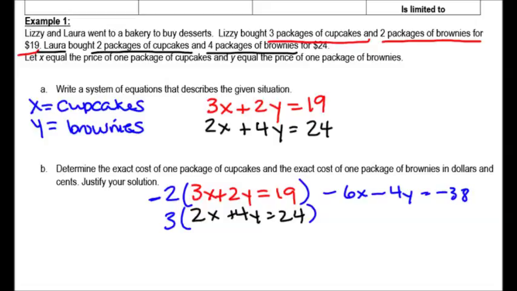The bottom one is going to be 6x plus 12y equals 72.